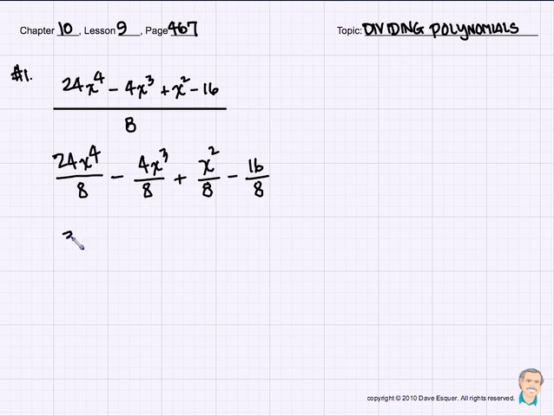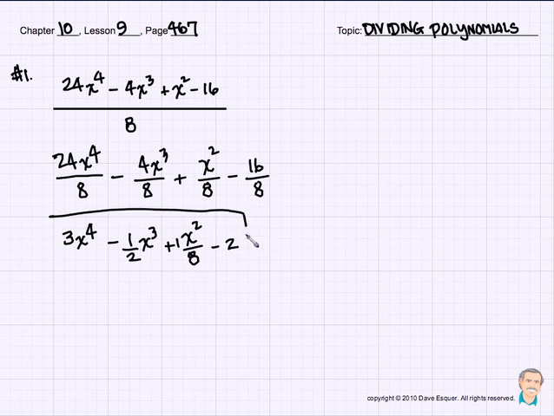So if we simplify this, we end up with 3x to the fourth minus 1/2 x cubed plus x squared divided by 8, or 1/8, that's the same thing, minus 2.